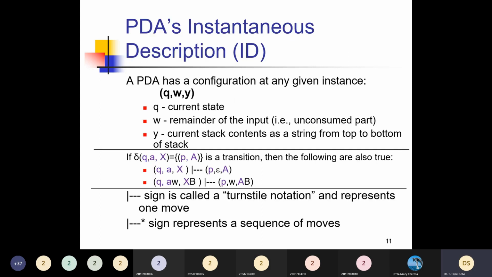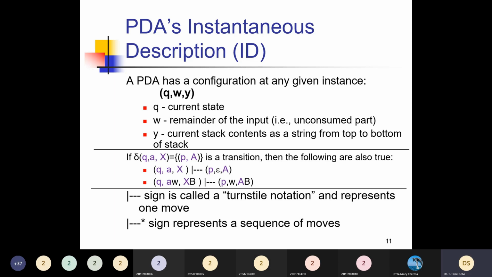Coming to the important concept in PDA, which is nothing but the ID. What is ID? It is the instantaneous description of PDA. In finite automata, we studied the extended transition function for DFA and the extended transition function for NFA.